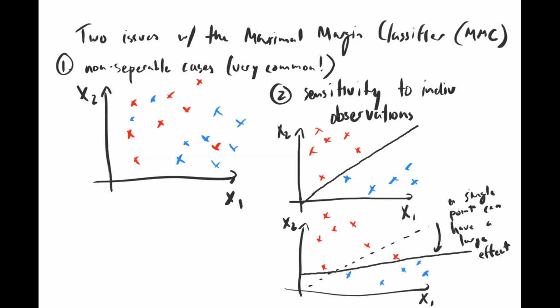And so one of the ways in which this is dealt with is with a technique. So our first technique was the maximal margin classifier. And in order to deal with these apparent issues, the support vector classifier was developed.